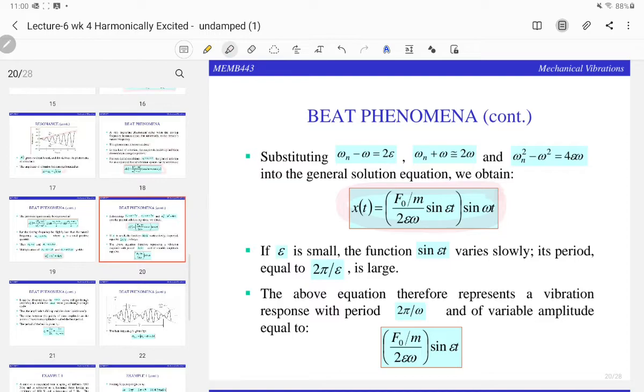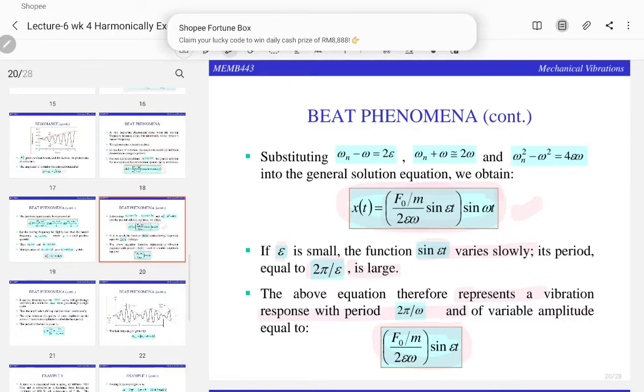So if epsilon is small, the function sine epsilon t varies slowly, so its period equal to 2 pi over epsilon is large. So the above equation represents a vibration response with a period of 2 pi over omega and of variable amplitude equal to this expression.